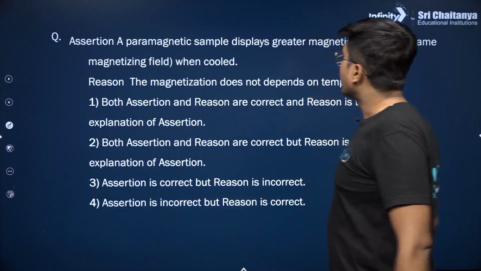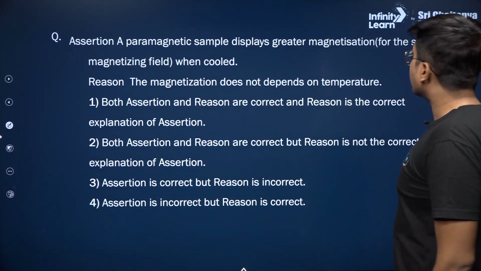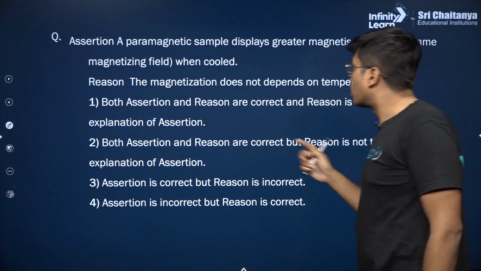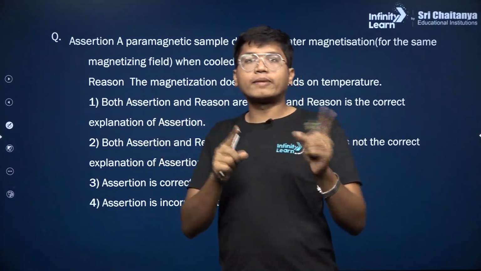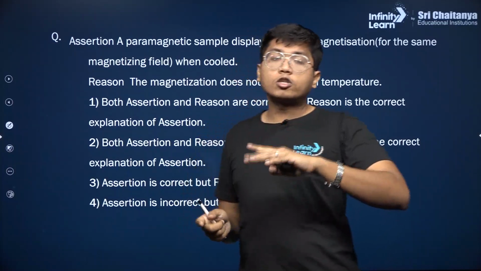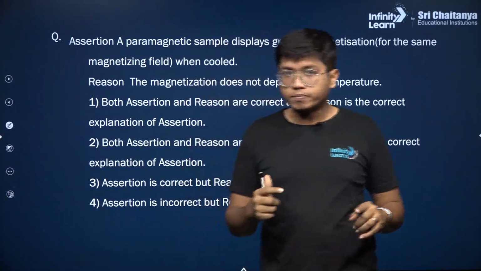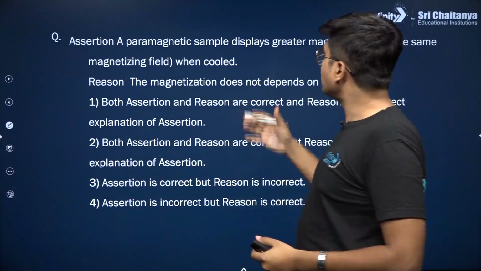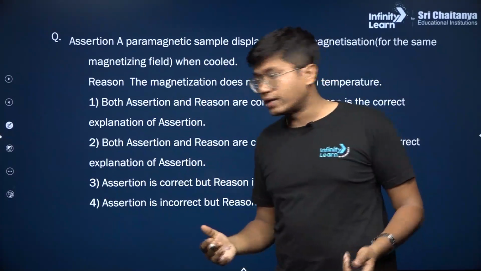Okay. Next, a paramagnetic sample displays greater magnetization for the same magnetizing field when cooled. This is true because when you cool it, then they become better aligned. All of those magnetic moments become better aligned. Also, we know the susceptibility is inversely proportional to temperature. So reducing temperature increases susceptibility, and hence the paramagnetic sample becomes more magnetized.